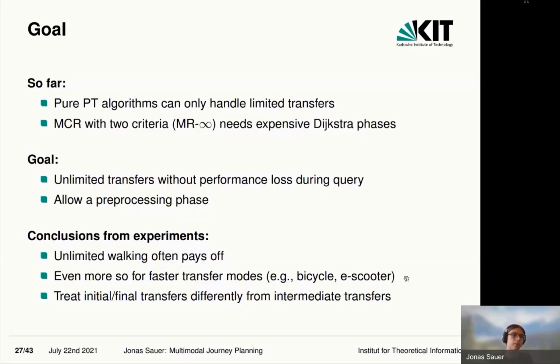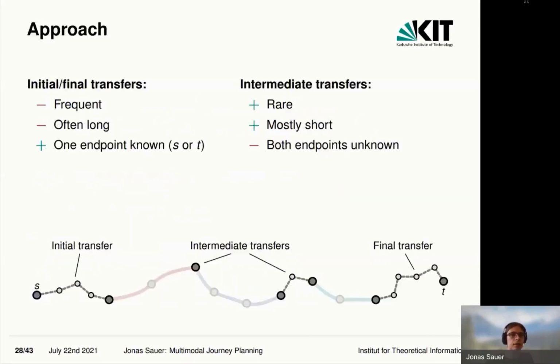The other thing that our experiments showed us is that we have to treat initial and final transfers differently from intermediate transfers. Actually, let me skip to the next slide, because there's a small list of pros and cons there. Initial and final transfers are frequently necessary to answer queries correctly, and they are often long in those cases where you start in a remote location and have to transfer to the most suitable stop.